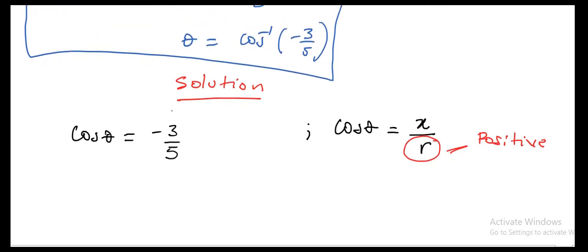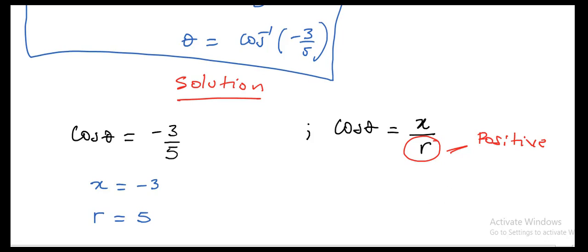Therefore, your x equals -3 and your r is 5. Now we need to find our opposite side. And guys, as they say, we need to solve this by drawing the diagram.